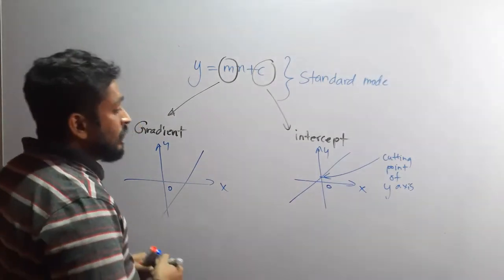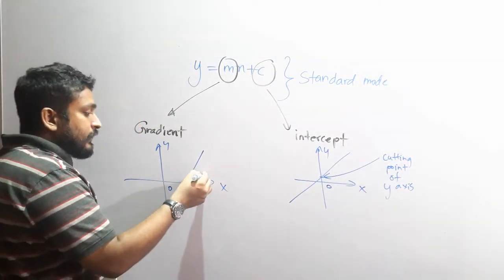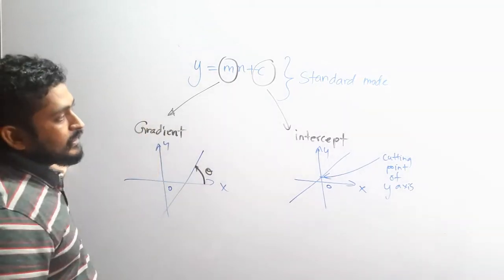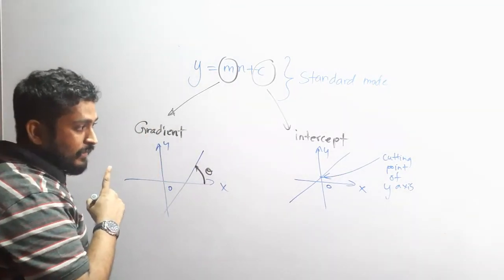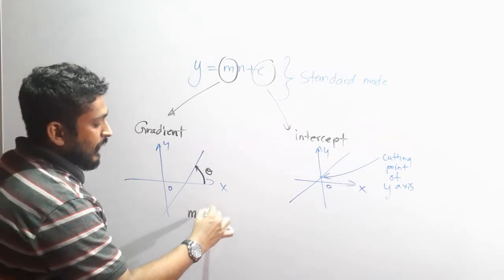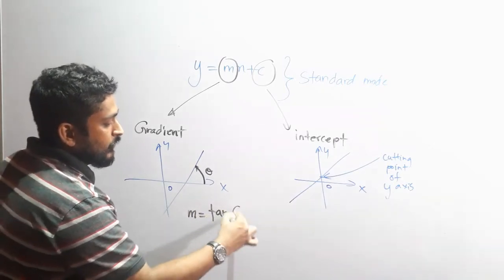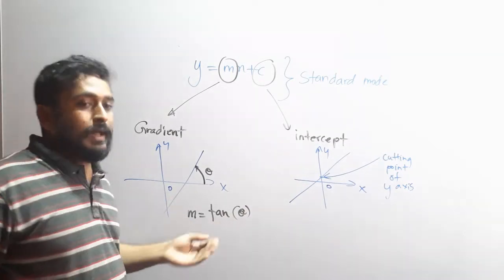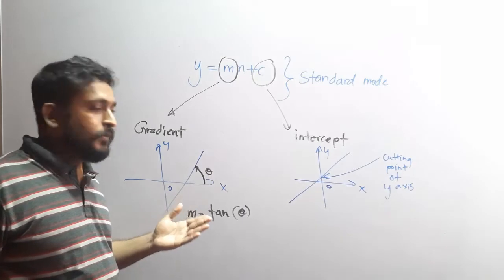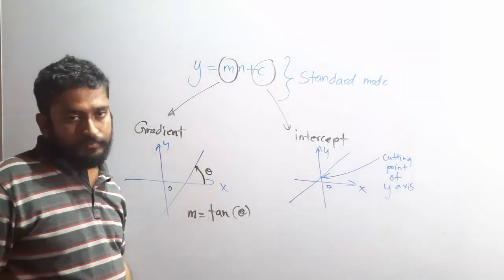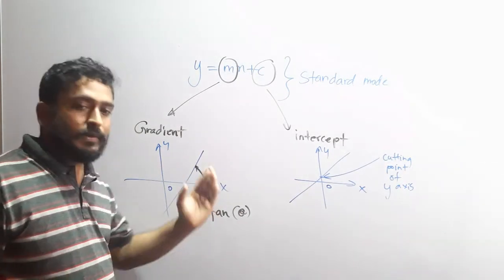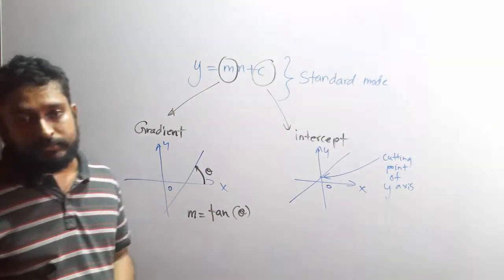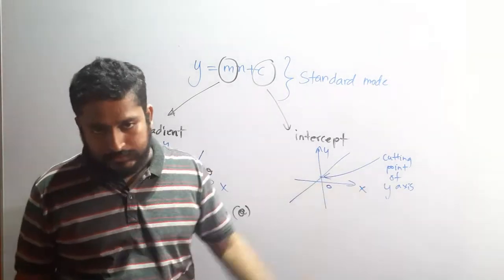When we measure the angle from the positive side of the x-axis, and let's say it is theta, the gradient is identified as the trigonometric tan value of theta. Theta is the angle the straight line makes with the positive side of the x-axis. Got it? So m equals tan theta.